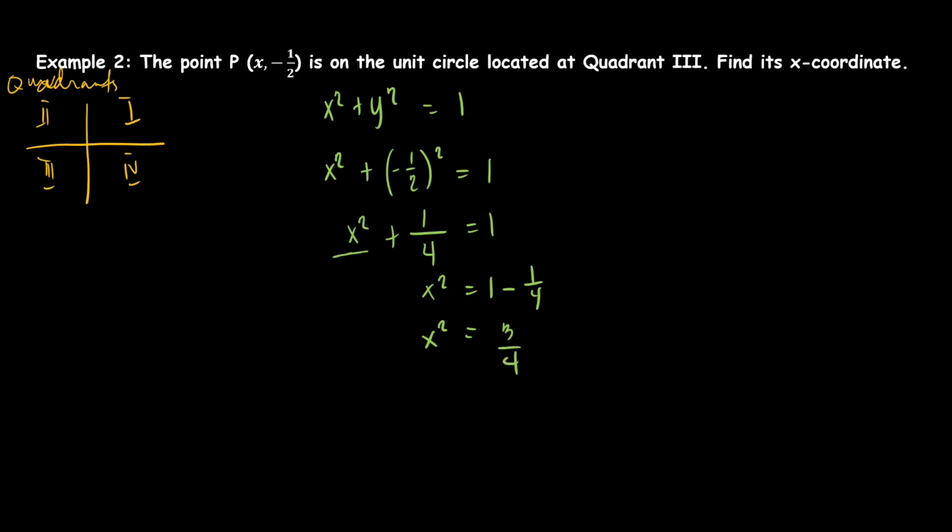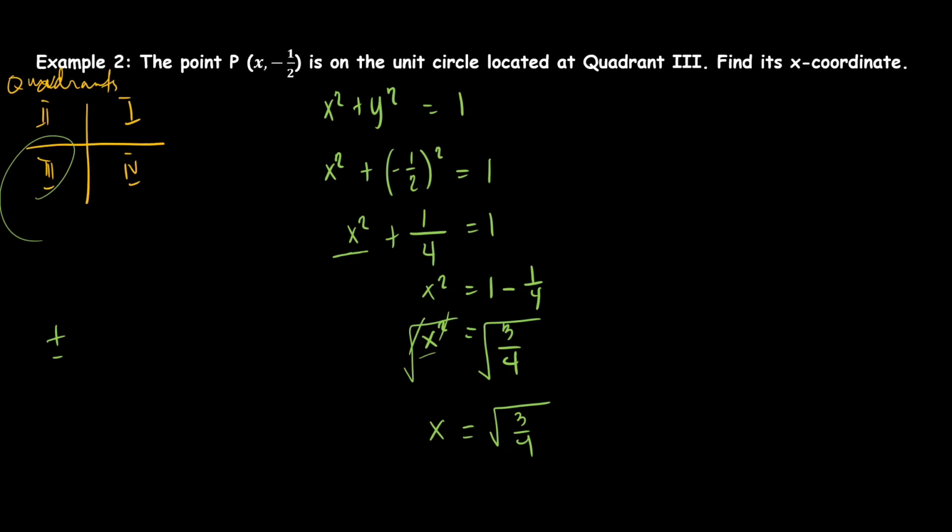As you can see, our x is squared, so it's not final. We have to take the square root of both sides. The square root cancels the square, leaving x, and we have the square root of 3/4. It's not final yet because it says the point is located in quadrant 3. There are possibilities that it is a positive or a negative sign, so we're going to use the plus or minus sign.